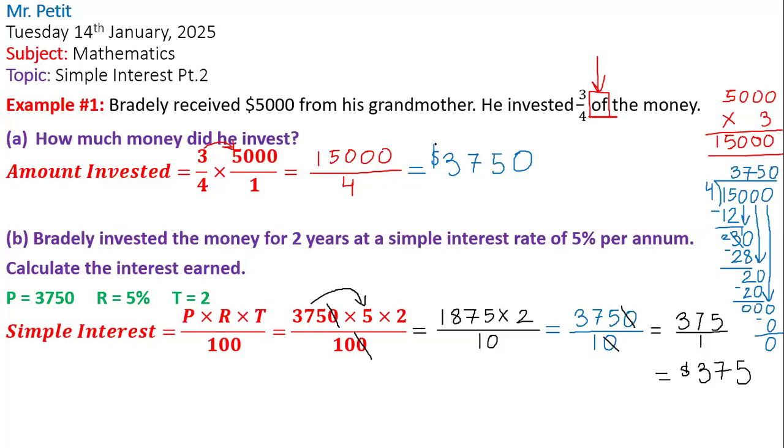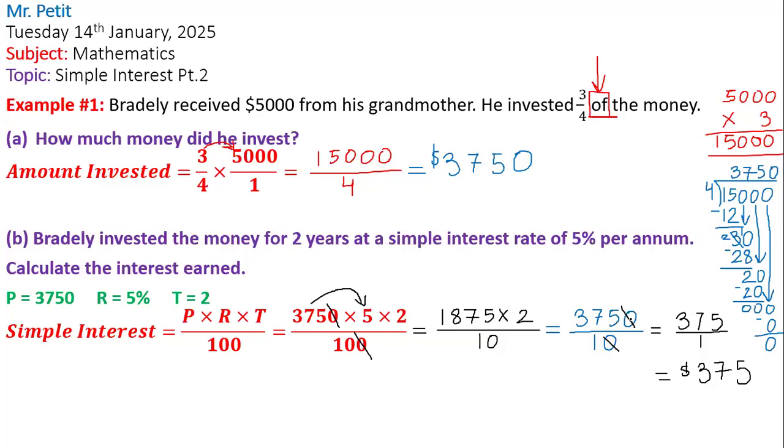Go ahead, Ariana. Okay, so we just multiplied 1,875 times 2 and then took away the zeros and then divided by 1. When we take away the zeros, because we can cancel the zeros, right?